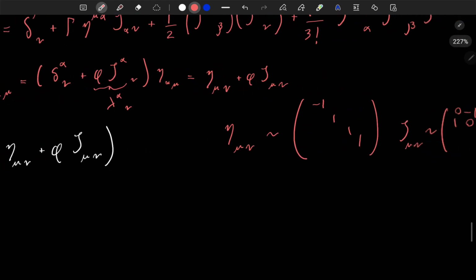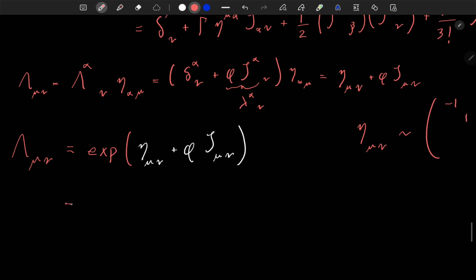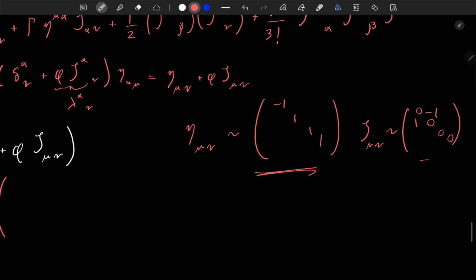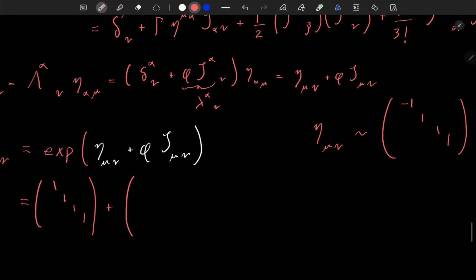Oh, excuse me. So writing this out as a matrix equation, we get the identity first because we have this argument to the 0th power, plus those guys. Well, it's going to be the metric plus phi times this guy. So we get minus 1, 1, 1, 1. And we get minus phi, phi.